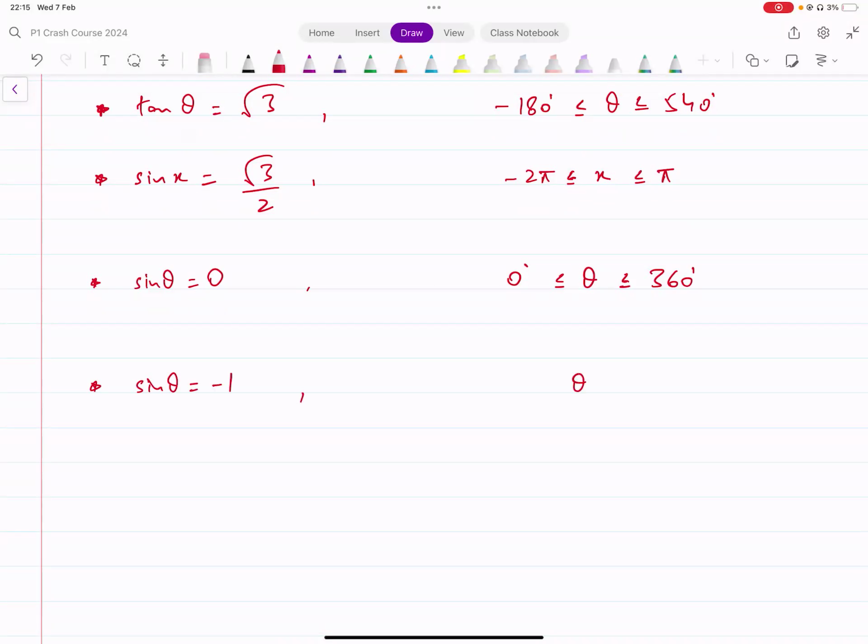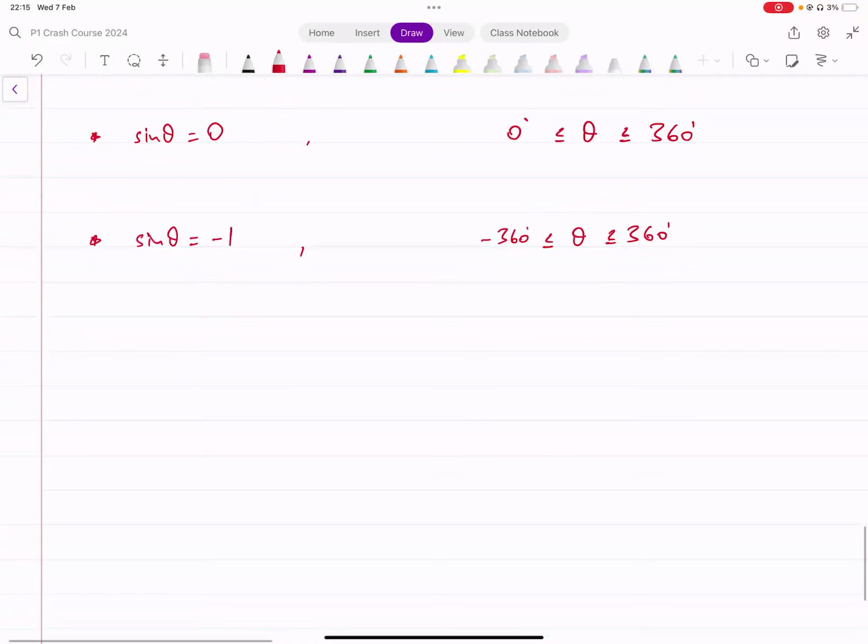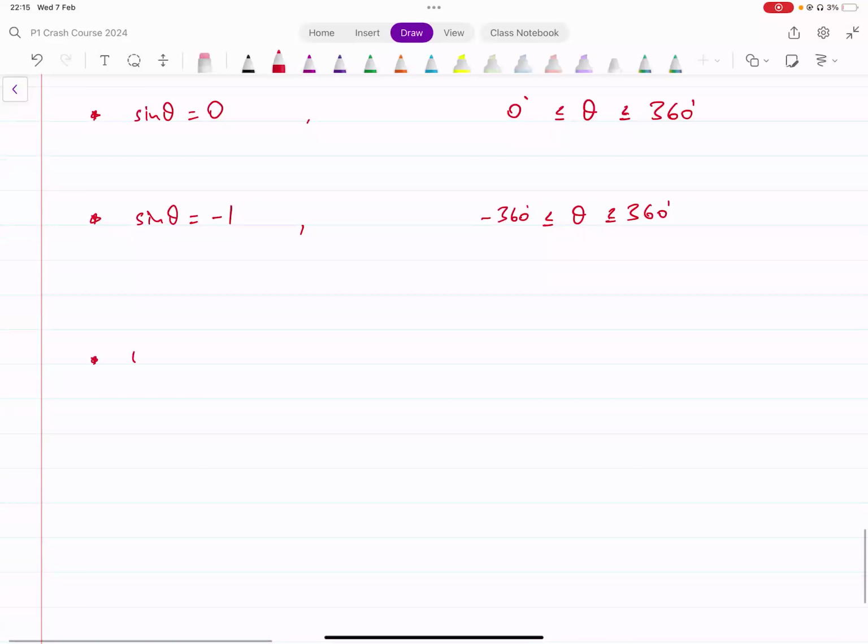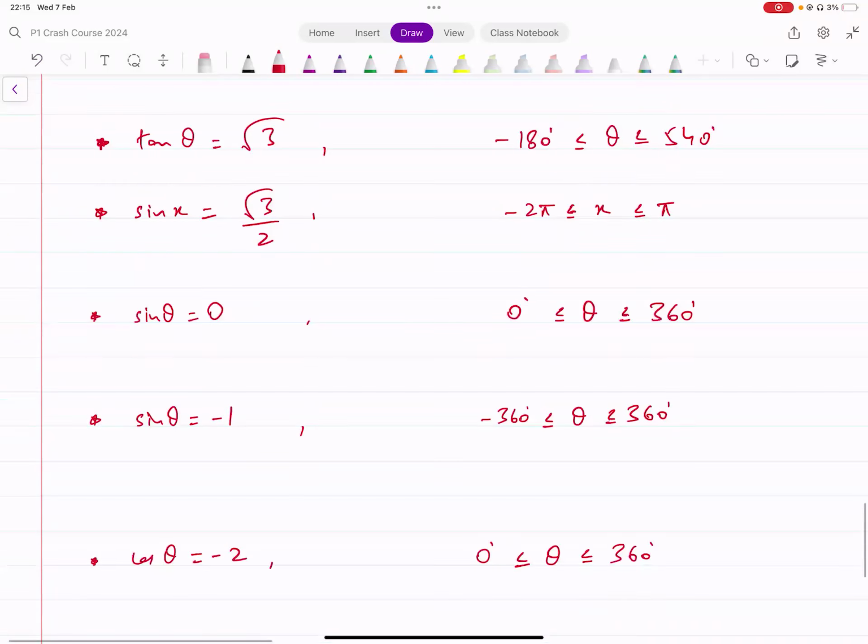And again, if theta is from, let's say, minus 360 to plus 360, and then you could try this as well. Cos of theta equals -2, and theta is between whatever, doesn't matter here, but it's 0 degrees and 360 degrees. Okay, try these examples.